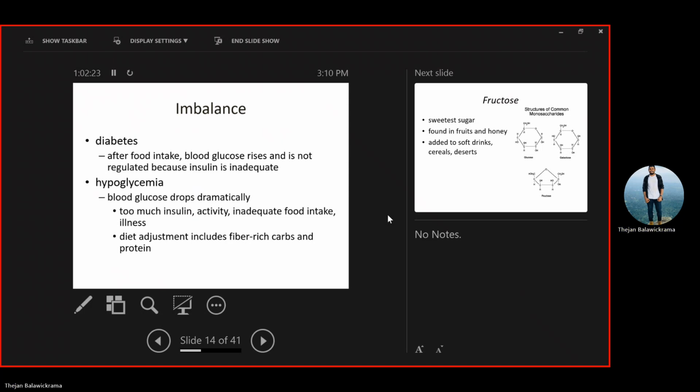Rice, can we dissolve that in water? Starch is insoluble. If starch were already soluble in water, we wouldn't have to digest it. The things that we eat, they don't dissolve in water.